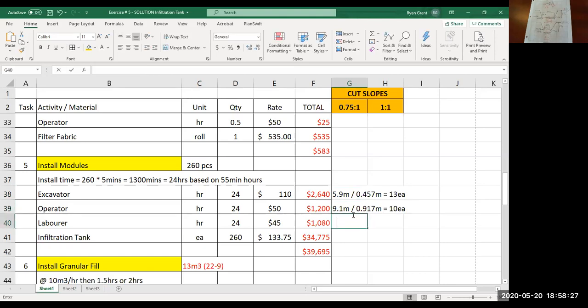And then the height of the entire tank is 0.9 meters, and each module, again, is 0.457 meters. So you need 2 modules tall. You simply multiply all those together. So 13 times 10 times 2 gives you 260.